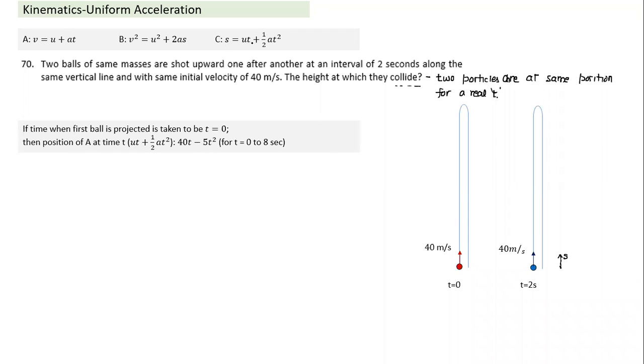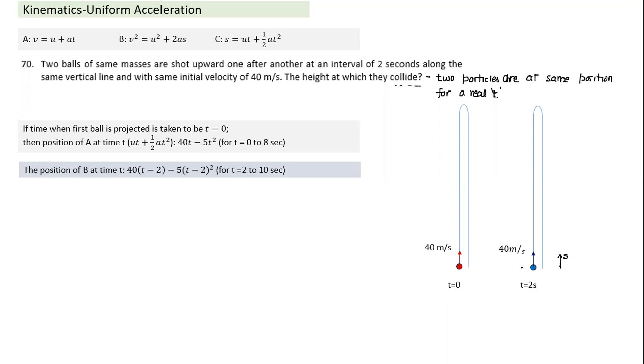I substitute into u t plus 1 by 2 a t square: u is 40, taking the upward direction positive, and 1 by 2 g is negative, minus 5t square. This equation is valid during the time of flight, not infinitely. It is valid from t is equal to 0 to t is equal to 8 seconds, because the speed of projection is 40, so it reaches maximum height in 4 seconds and falls back in 8 seconds. This is how I can express the position as a function of t.